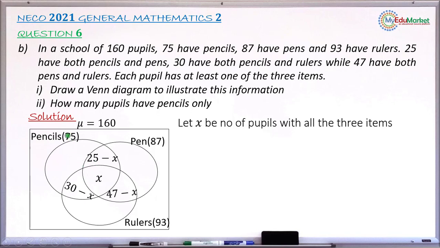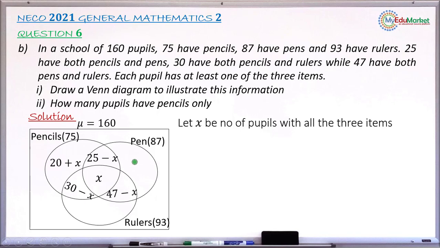What I'll have left is those that have pencils only. So from 75, if you remove 25 minus X, remove X, and remove 30 minus X, what you come up with, if you simplify it, is 20 plus X. So I'll now write 20 plus X here as the expression representing the number of pupils with pencils only.